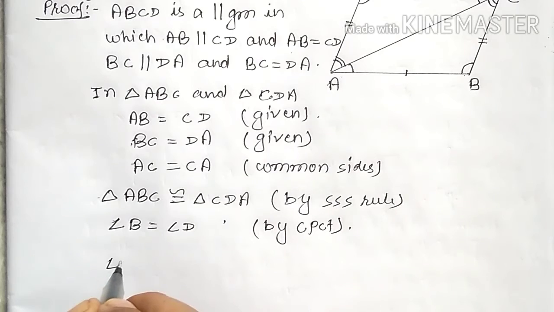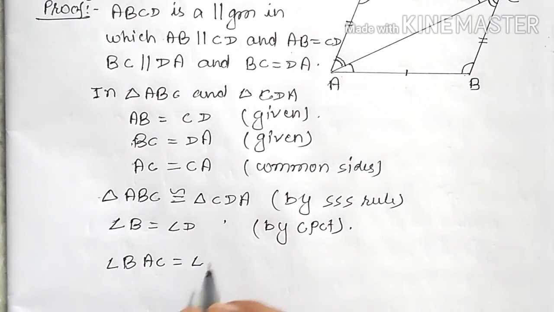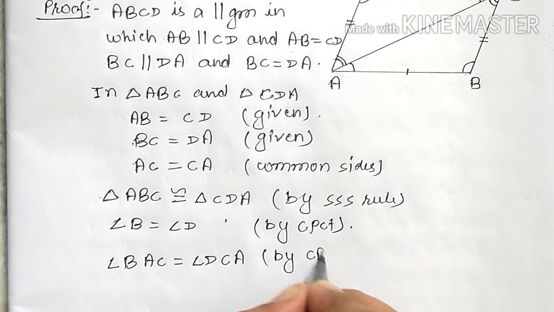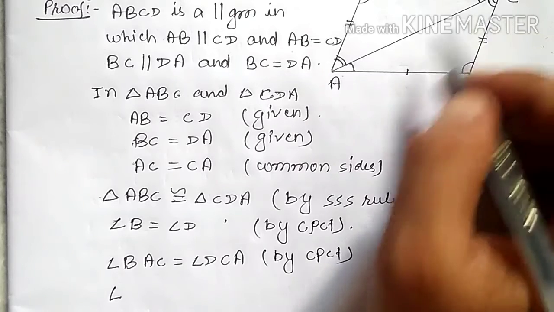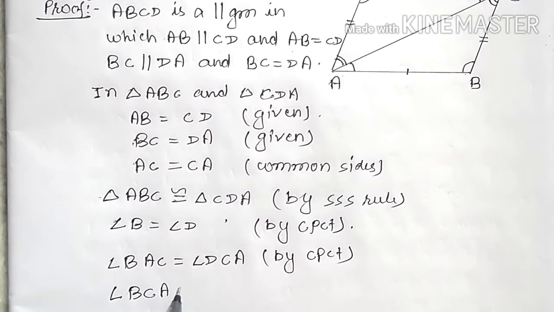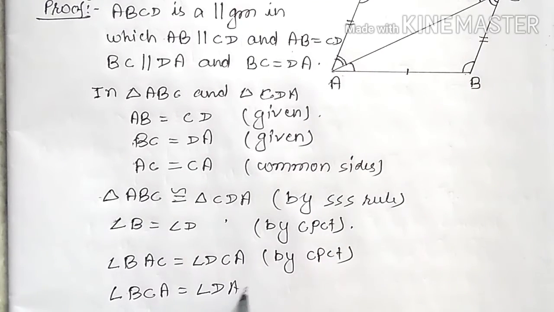Angle BAC is equal to angle DCA, it is also by CPCT, and angle BCA is equal to angle DAC by CPCT.